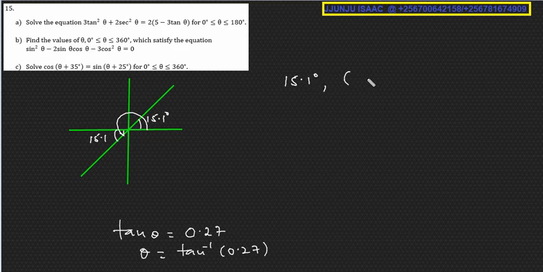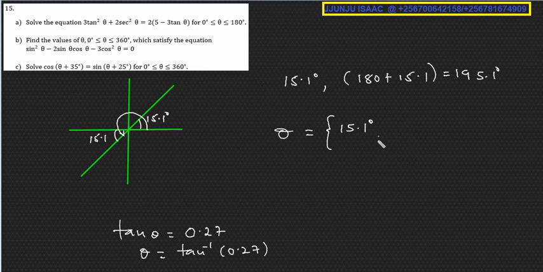Then we have 180 plus 15.1 degrees, and that gives us 195.1 degrees. So our solution is 15.1 degrees and 195.1 degrees. That is the solution for this part C.